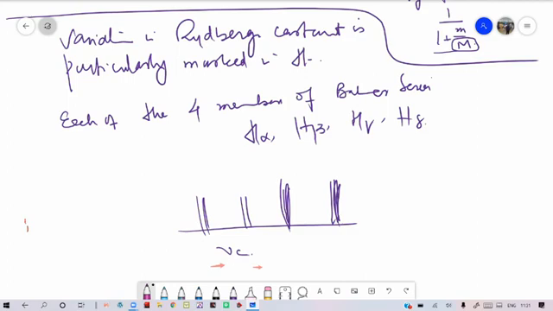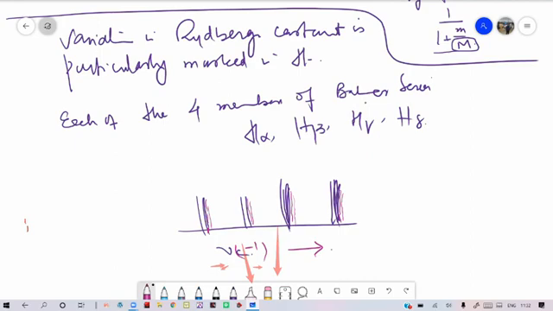This is in units of nu bar centimeter inverse, and this is the higher energy side. On the higher energy side there is a very weak component along each of these lines, and this appears from this point.